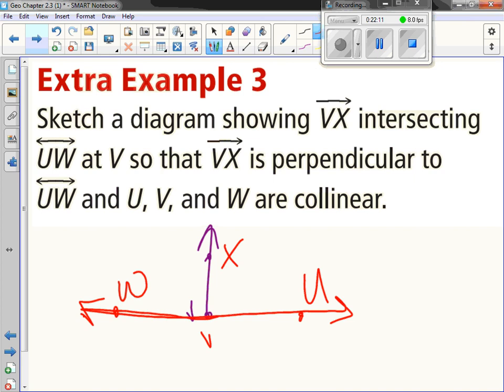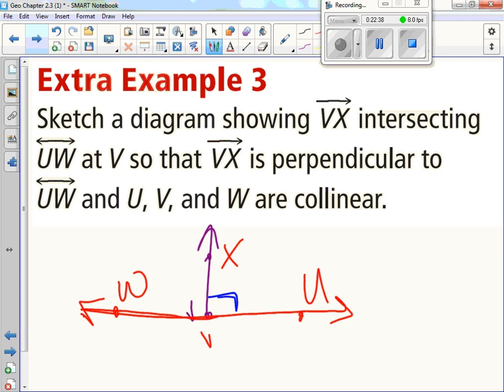So we have UVW collinear. Two things are perpendicular if they make what kind of angle? 90 degrees. They're perpendicular if they make a right angle. I'm going to draw my little box, because my little box makes it a right angle. That's all we have to add to show that they have a right angle.